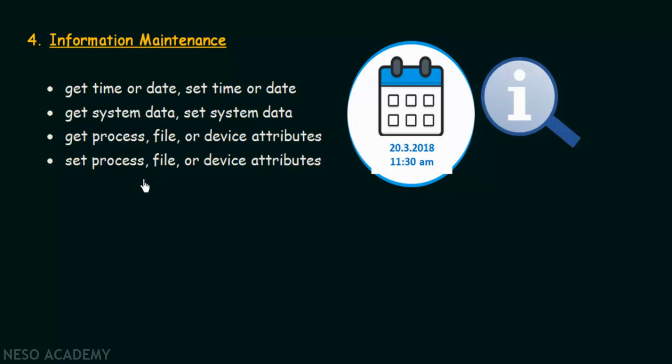And then we have set process, file or device attributes. So we can get the attributes of the files, processes or devices, and we can set them. All these kinds of system calls that are related to maintaining the information of your system fall under this category of information maintenance system calls.